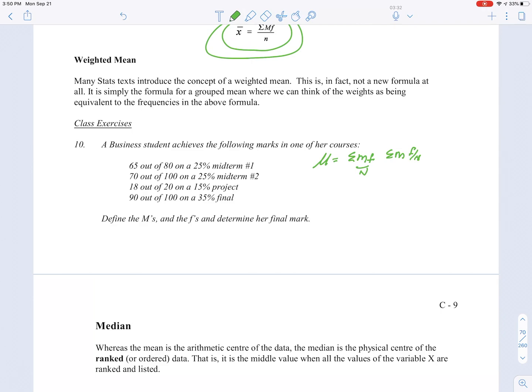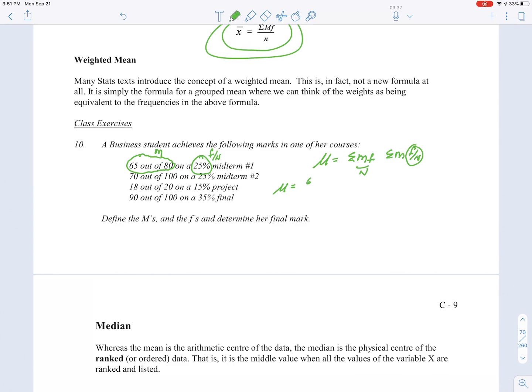And that's equivalent. The f over n's are relative frequencies, which are the percentages. So these are your f over n's, and then you can think of this as being your m. It's not really a midpoint of a class or a class mark, but we'd use it the same sort of way.